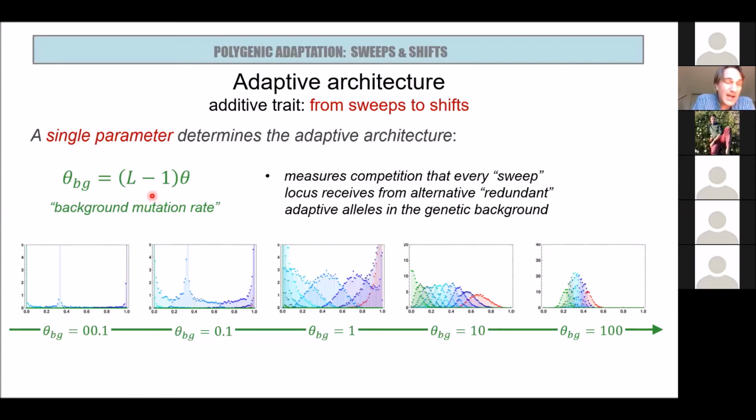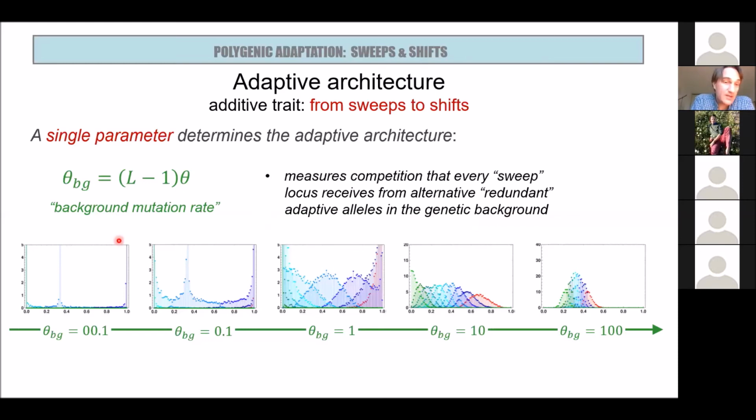And so there are L minus 1 other loci where alleles can compete with our focal allele. So theta background measures competition that every sweep locus receives from alternative redundant adaptive alleles in the genetic background.